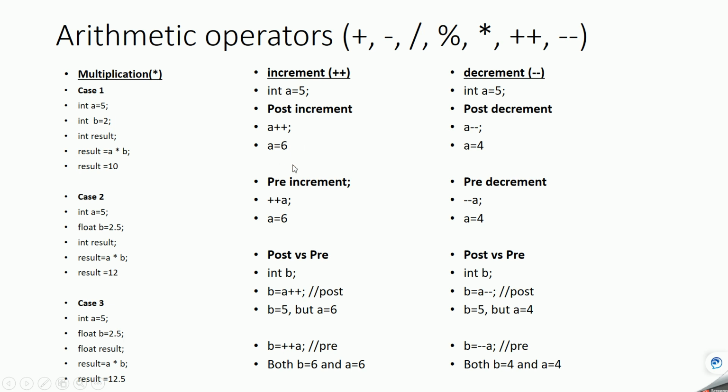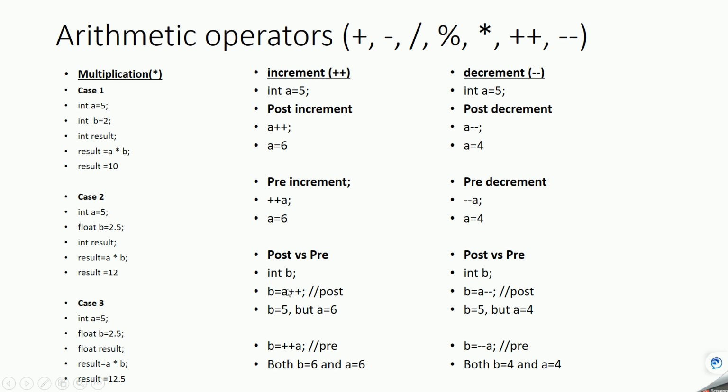Then what is the difference between pre-increment and post-increment, you might think. So let's see what exactly the difference is. Let's assume a equal to 5 here, and then we have another variable b. What we are doing is b equal to a plus plus, meaning we are post incrementing. So what will happen in this case? The value of a initially is 5.